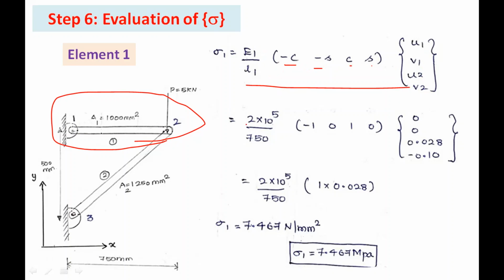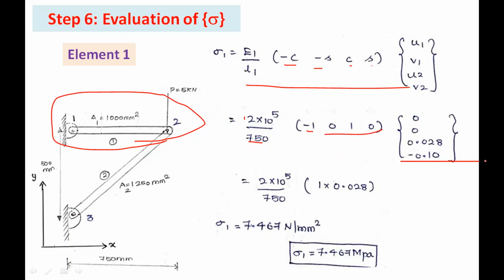So substitute the values. E1 is 2 into 10 power 5, L1 is 750 and minus C is minus 1, S is 0, then 1, 0. Here U1 is 0, V1 is 0, U2 is 0.028, then V2 is minus 0.1.